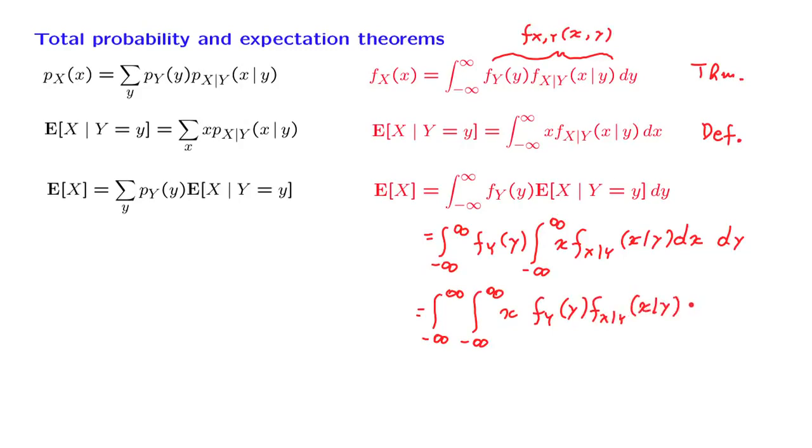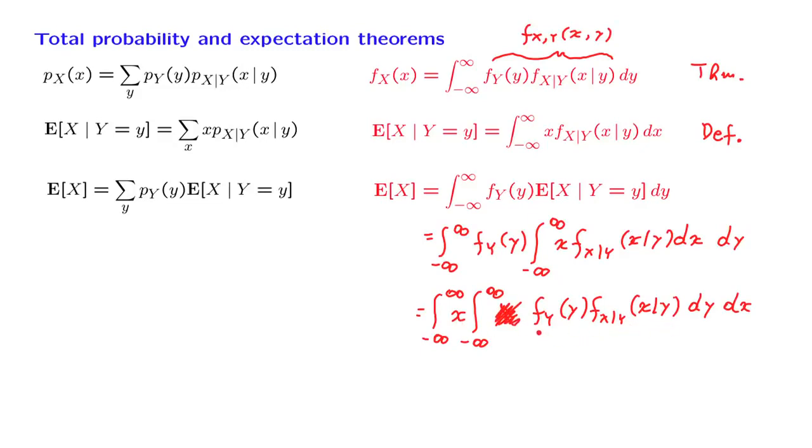And we also interchange the order of integration. Now, the inner integration is with respect to y. As far as y is concerned, this term x is a constant, so we can take it and move it outside this first integral and place it out there. So this term disappears and goes out there.